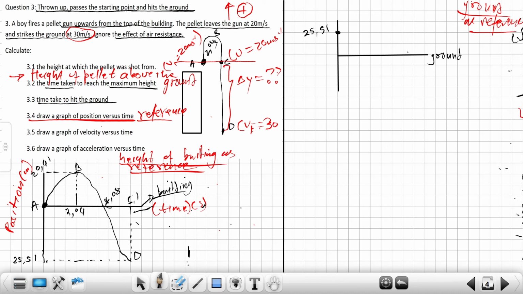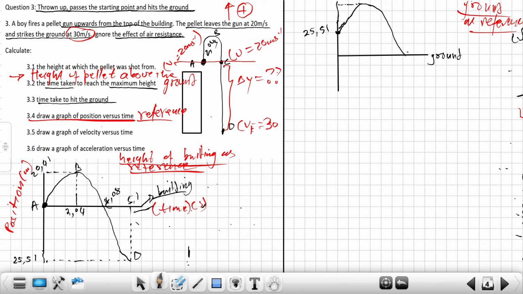It went up, reached a certain maximum, and then started now to fall back. So what is this value here at the top? This value at the top is our final displacement that it covered, or the height above the ground.